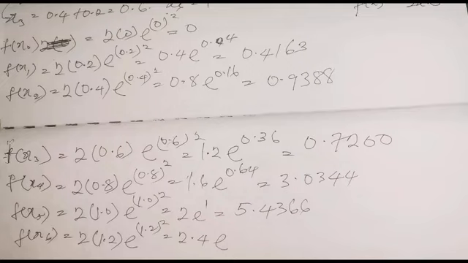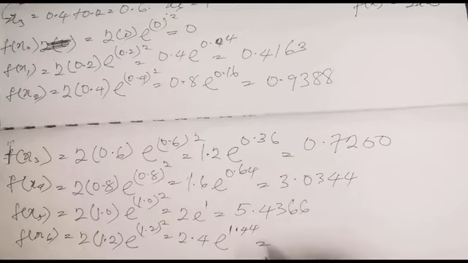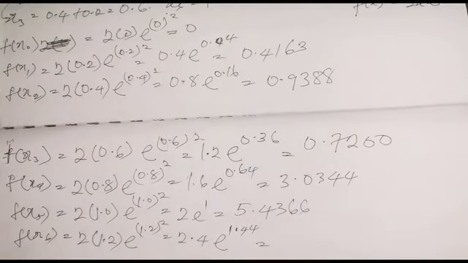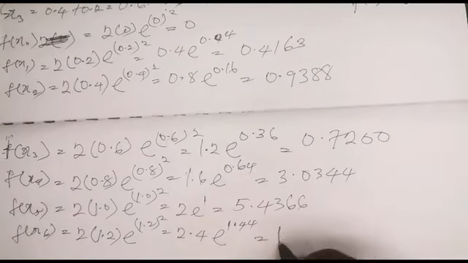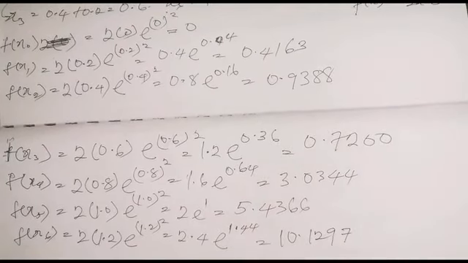Okay, so 1.2 squared simply gives us 1.44. So you have exponential 1.44. So let's obtain this value and see. So 2.4 exponential 1.44 simply gives us 10.1297, approximately, and you have this.